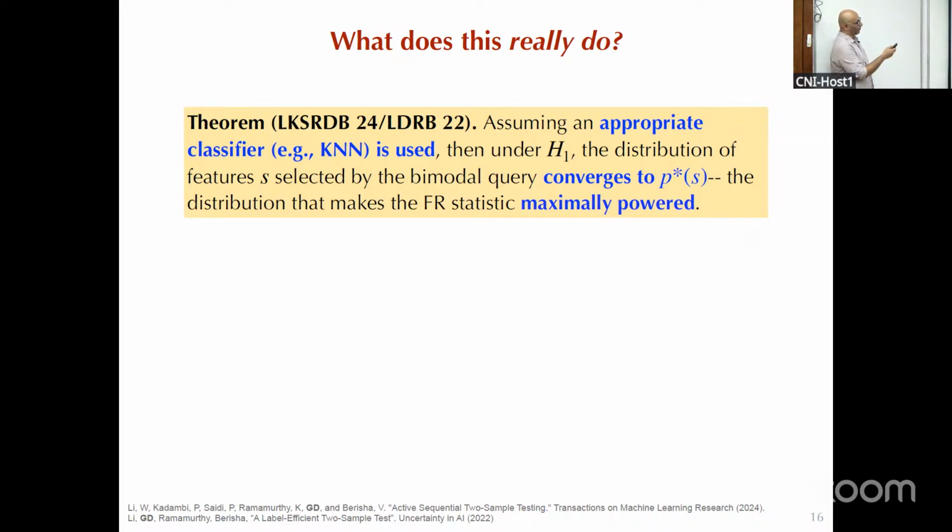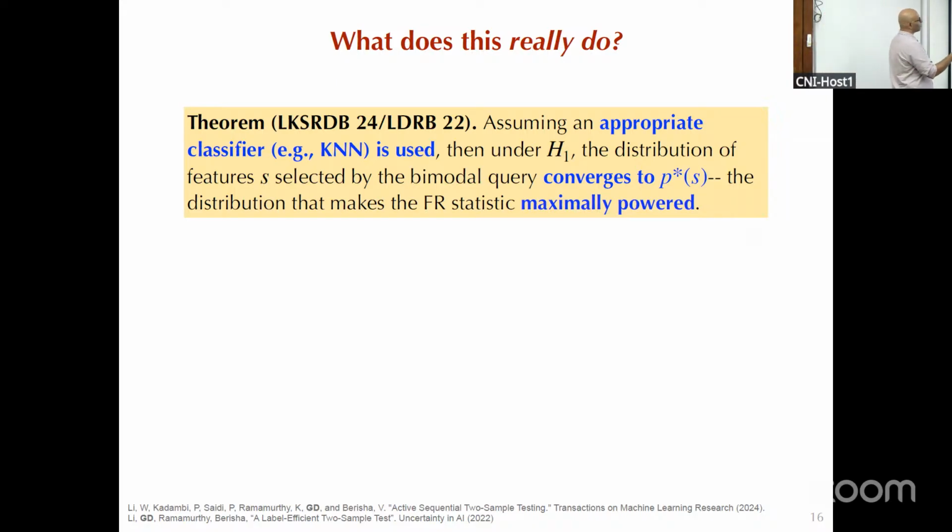But if you assume an appropriate classifier, okay, huge chunk under the carpet, if you assume an appropriate classifier, which is, like you can define this formally, calibration, consistent and stuff, then under H1, this is under the null hypothesis, the distribution of the features S selected by our method, which we call bimodal query, converges to some distribution P star S. Okay, so this is the main sort of content of all of this work.